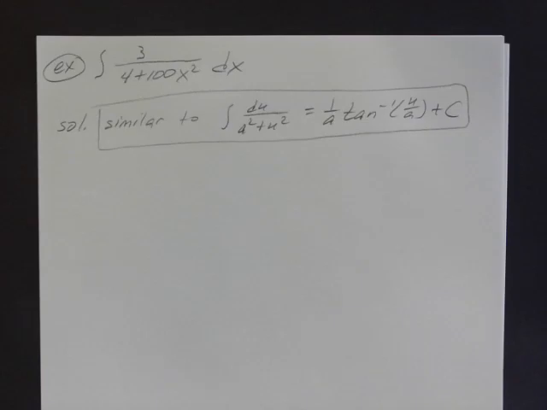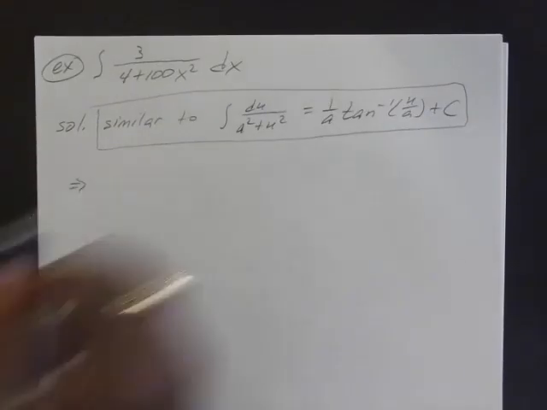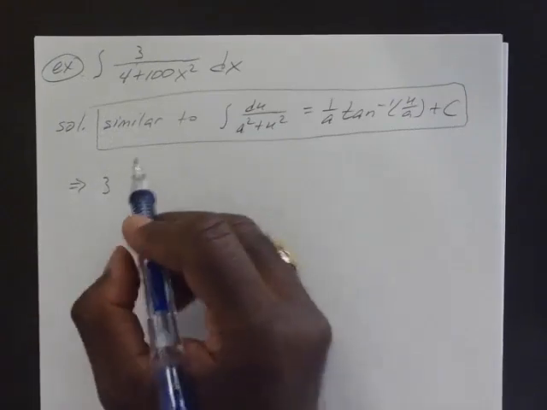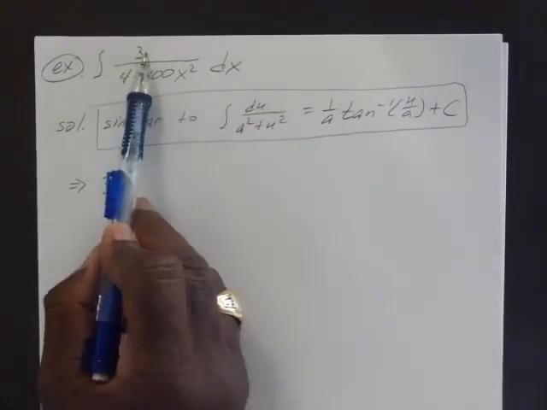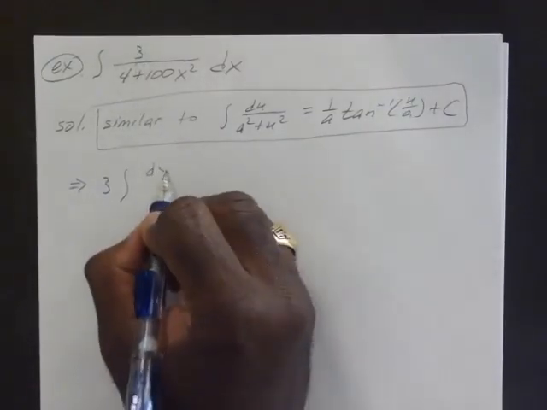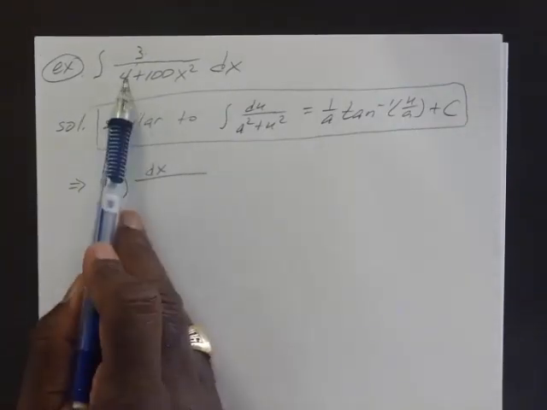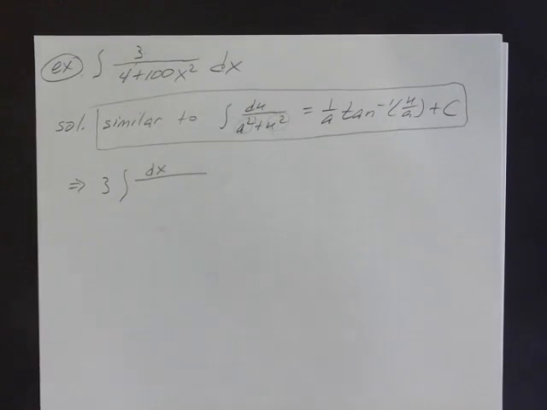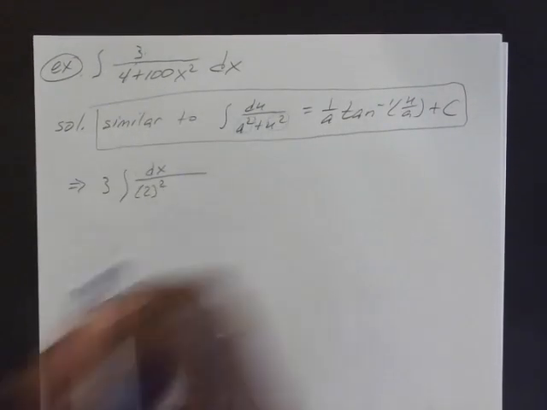Okay, so we can take our original integral, we get that 3 and just factor it out to the front, times the integral, that dx, I just move it right up there, divided by, now that 4, remember, it has to be the sum of 2 squared terms. So that 4, we can just make that 2 squared.